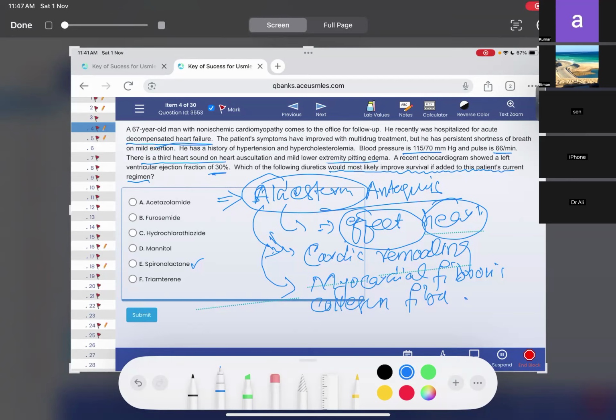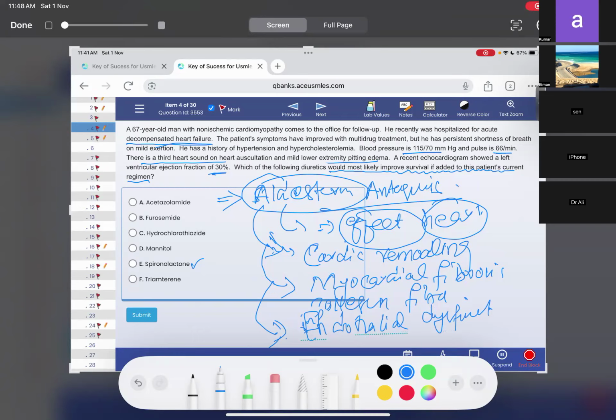And number three, aldosterone also causes vasoconstriction through the RAS system and promotes vasoconstriction and inflammation. So it will lead to endothelial dysfunction.